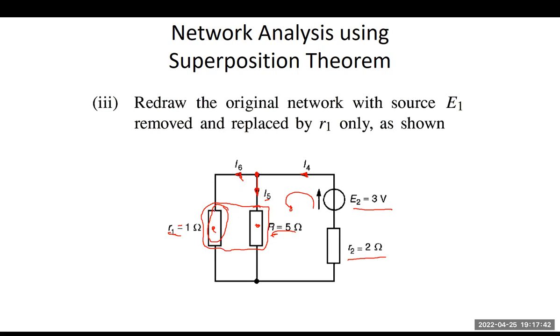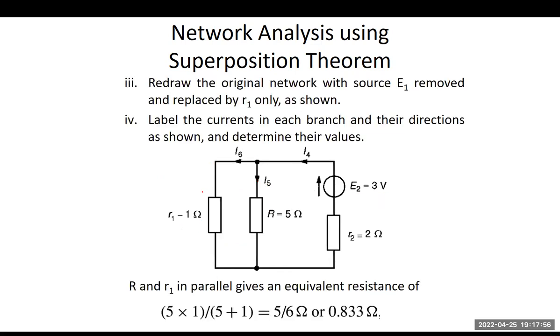We could make use again of the product over sum method, and that is equal to 5 times 1 over 5 plus 1, and that is 5 over 6, which is equal to 0.833 ohms. So that will now be the equivalent resistance.